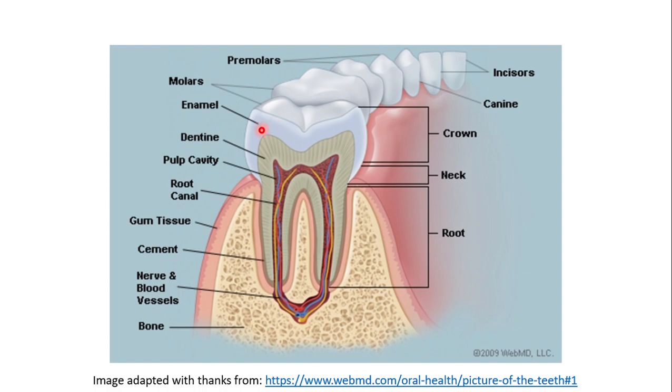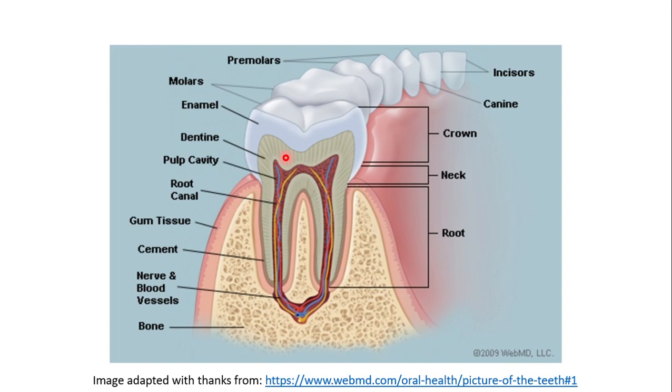If you go further inside, you will find the structure called dentine, and dentine forms the majority of the tooth. You can see enamel is a smaller structure compared to dentine. Dentine is a calcified connective tissue, and it gives the basic rigidity required by a tooth, and it is also harder than bone.